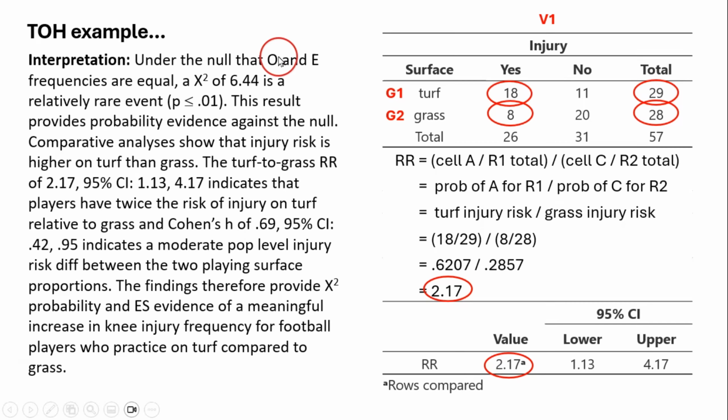The reason why is because we know that 6.44 is quite a bit larger than the critical value of 3.84. That value of 6.44 is only going to occur about once every 100 random samples in a random sampling process. That allows us then to state probability evidence against the null.